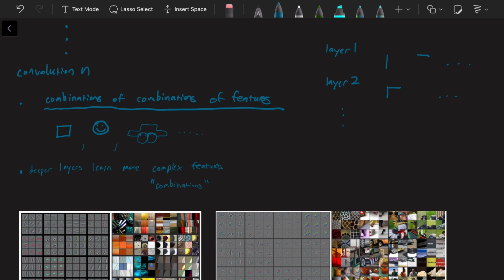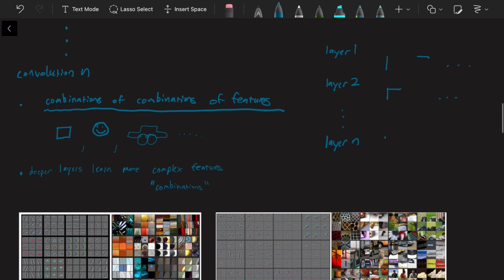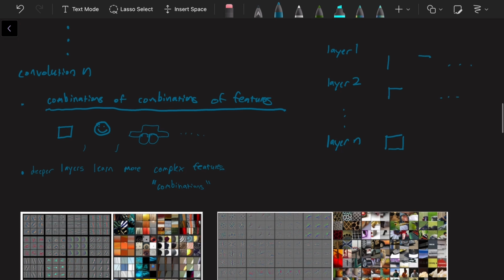And as you get deeper and deeper, in layer n, you're starting to look for things like combinations of combinations, right? So maybe two corners combined to form a square, right?